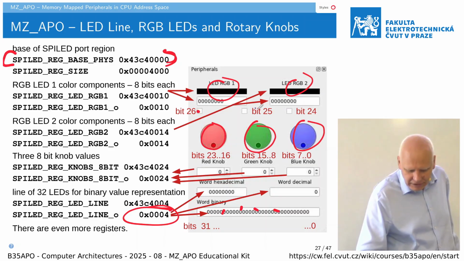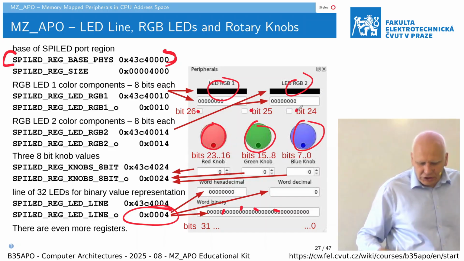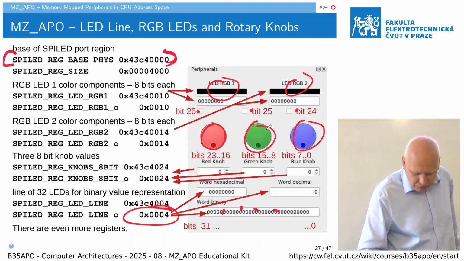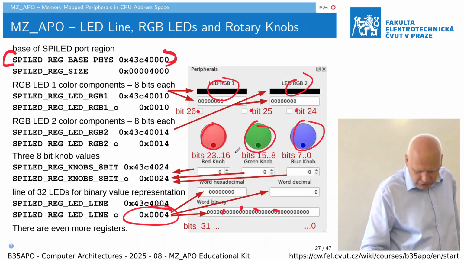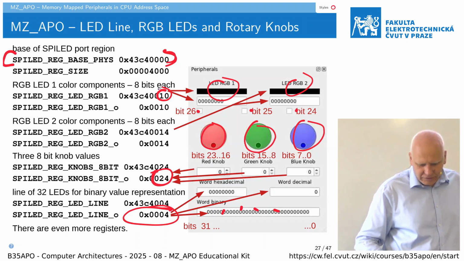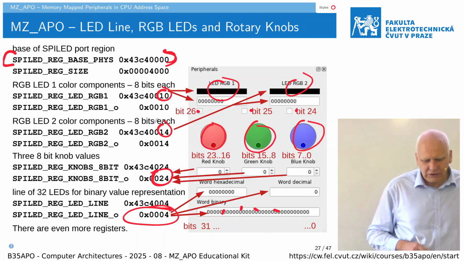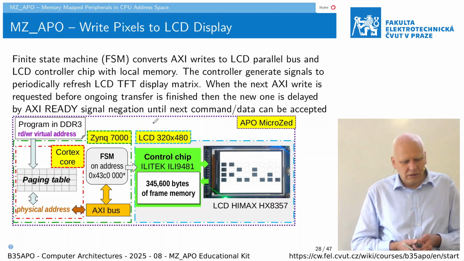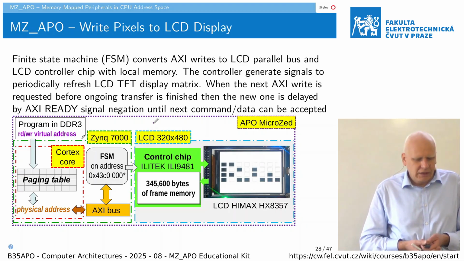And then we have those 3 bits, which detect the press of the button, and those are connected to the offset 2.4, and the RGB LED one is at the offset 1.0, and another is at 1.4. And then you have the LCD display for some simple output.